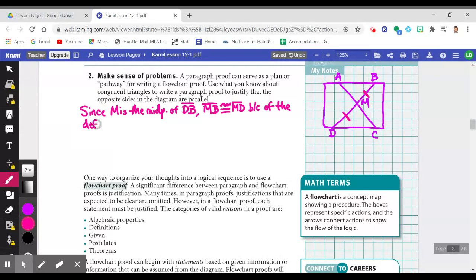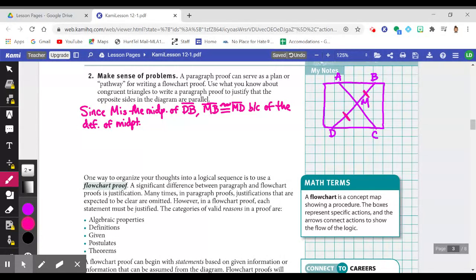That's what it means to be a midpoint. It bisects a segment into two congruent segments. So since M is the midpoint of DB, MB is congruent to MD because of the definition of midpoint.